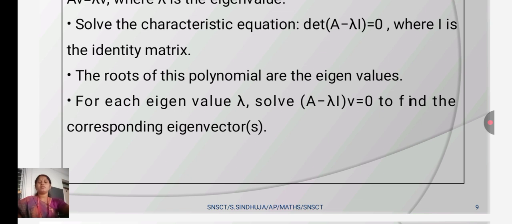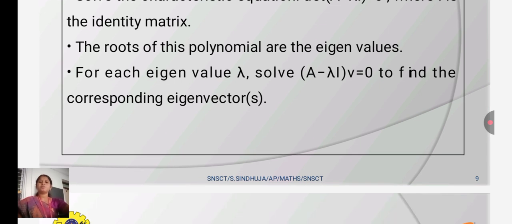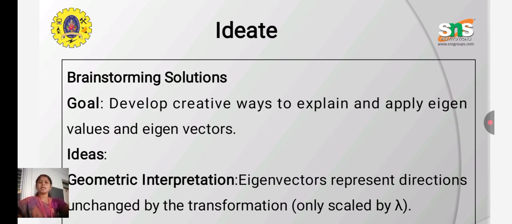Or we can go for the formula lambda square minus S1 lambda plus S2 equal to 0 for a 2 by 2 matrix, and for a 3 by 3 matrix, lambda cube minus S1 lambda square plus S2 lambda minus S3 equal to 0. The roots of this polynomial are eigenvalues, and for each eigenvalue we get the corresponding eigenvector.